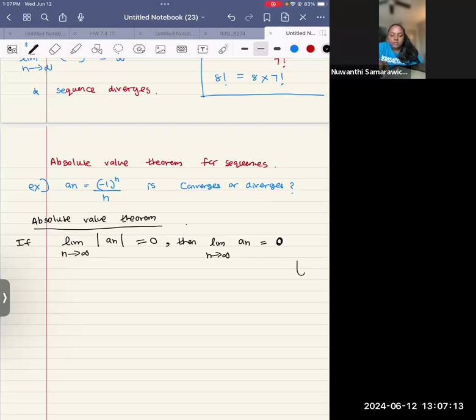So let's use this theorem to solve this sequence. So what you have to check, you have to take the absolute value of this nth term.